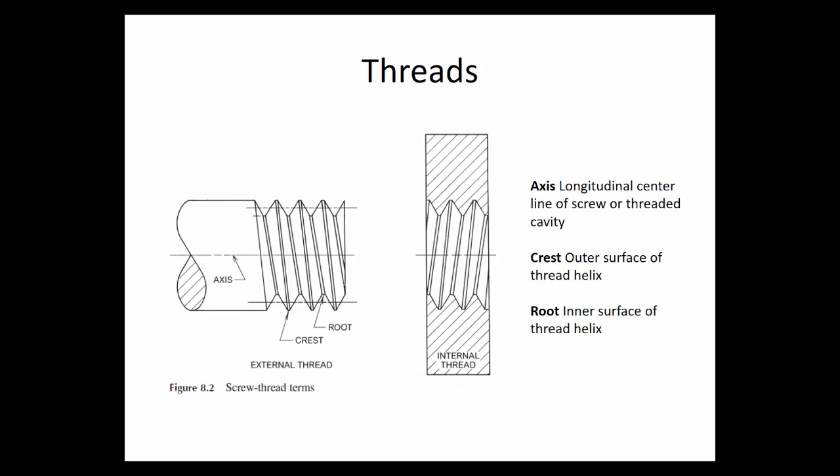Threads are the most common fastening methods. Threads can be formed on the outside of shafts to create external threads, or they can be created inside of holes to create internal threads. You want to be familiar with some basic thread terminology: axis, crest, and root.